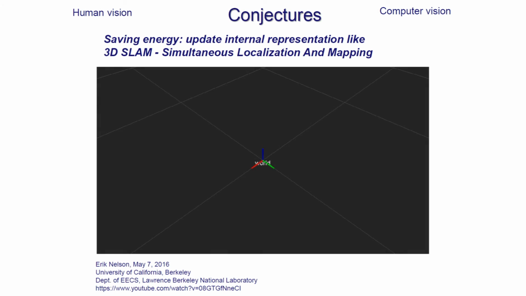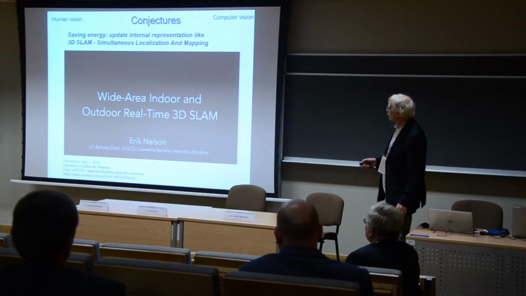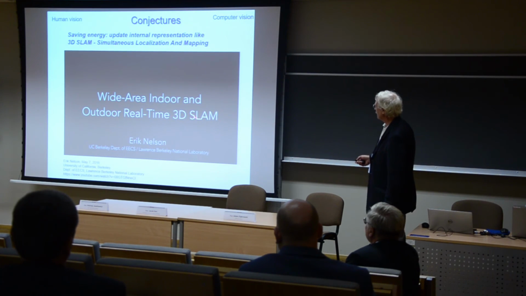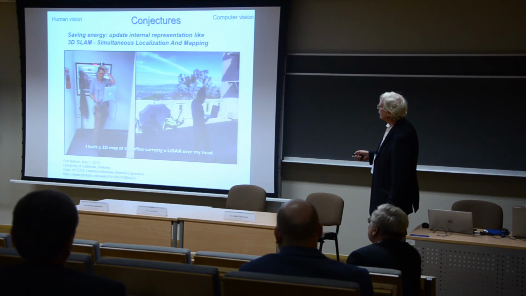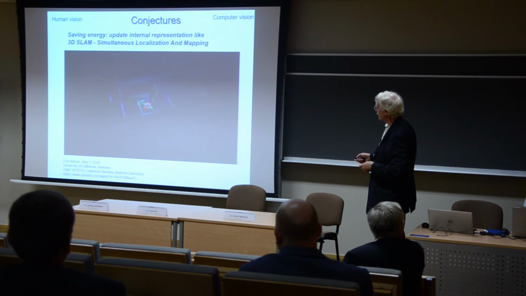We have a retina that is scanning. You constantly scan. And actually, this is a very nice movie from a guy who's doing SLAM. He has a LiDAR, an infrared sensing device, on his head, and a smartphone. He's walking around in Berkeley, and he will then explore the buildings around him.